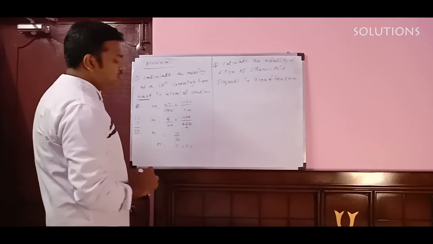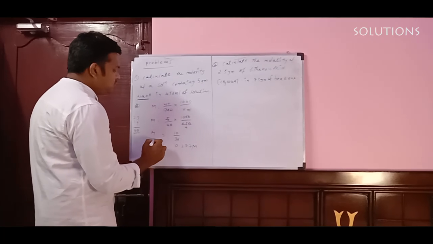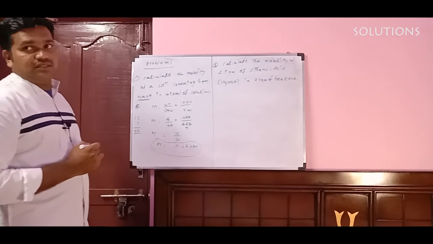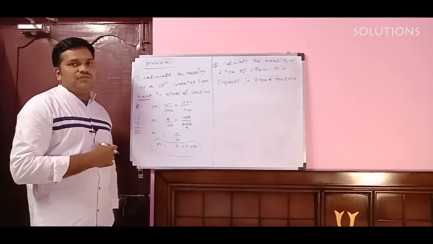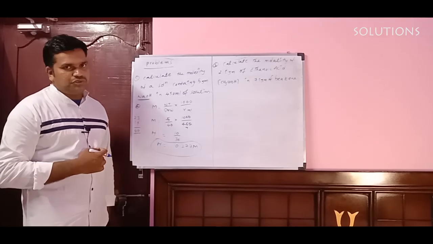This is the molarity of the solution, 0.277 molar. In this way we find the molarity of the solution. Clear? I think all of you understood this one.